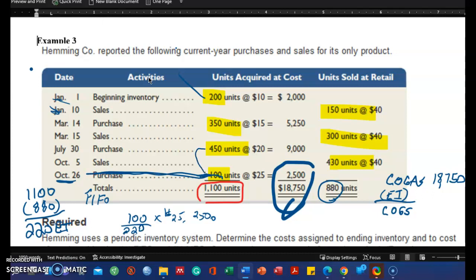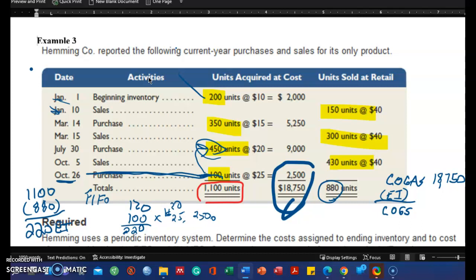The next layer is made up of 450 units. Now, to get 220, we only need another 120. There's way more than 120 units in this layer. So in that case, we'll just use up 120 of that and assume the rest were sold.